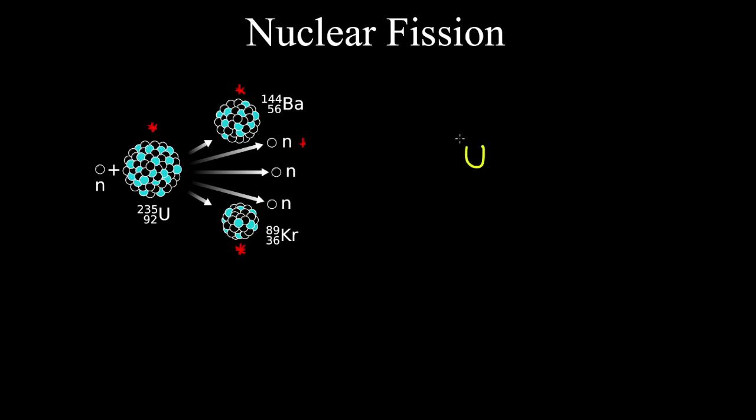So if we bombard uranium-235 with a neutron, this large nucleus is going to become more unstable and break up into two smaller nuclei, being barium-144 in this case, which has 56 protons, and krypton-89, which has 36 protons.